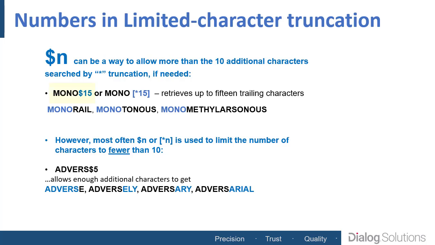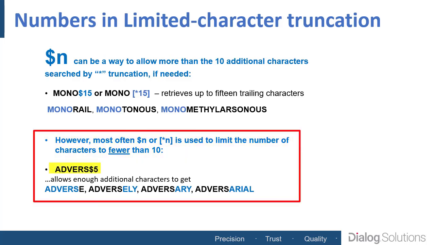For example, if you search for mono followed by $15, you'd be able to get terms as long as this one if that's part of what you want. But far more often, you'd use $number if you're really looking for words with fewer than 10 additional characters, such as here. Adverse $5 will work fine to get adverse, adversely, adversary, and even adversarial.